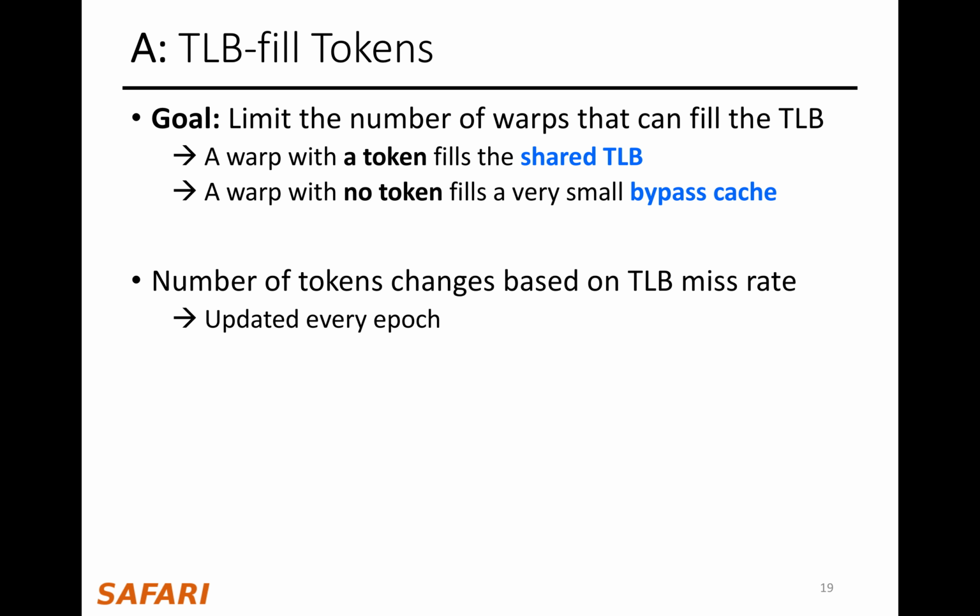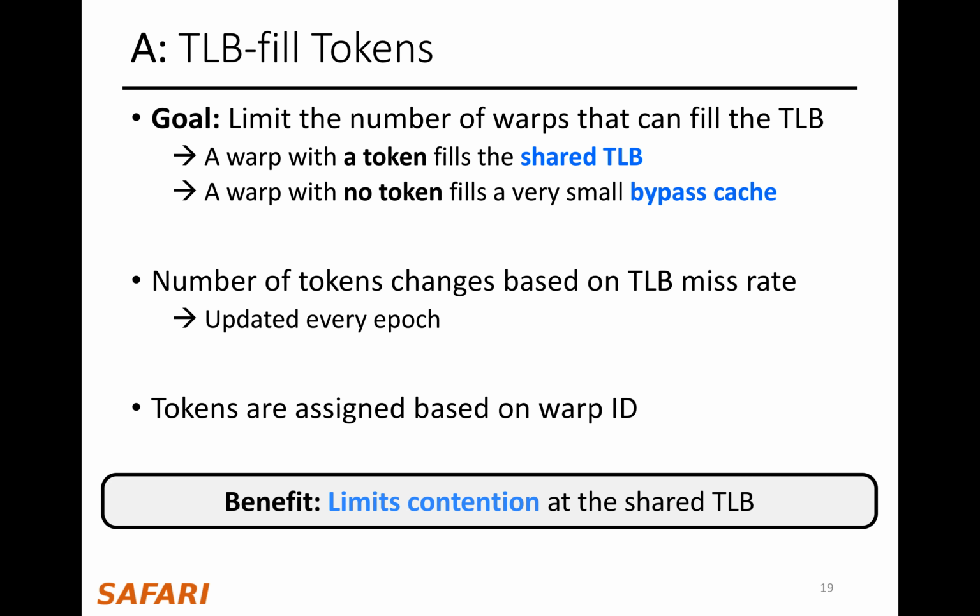The number of tokens can change based on the TLB miss rate, which is updated every epoch. Tokens are assigned based on warp ID, and you can find more details in our full paper. The benefit of the TLB-fill tokens is that we can limit contention at the shared TLB and effectively increase the TLB hit rate.